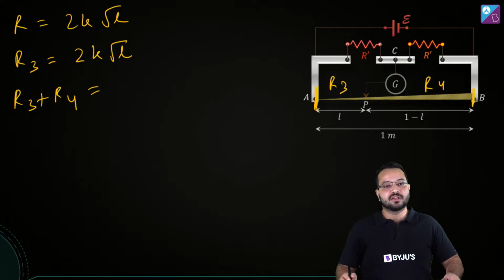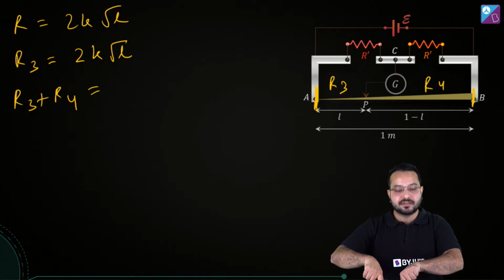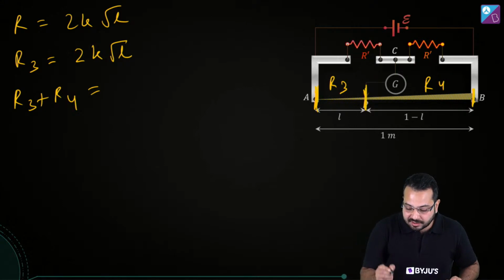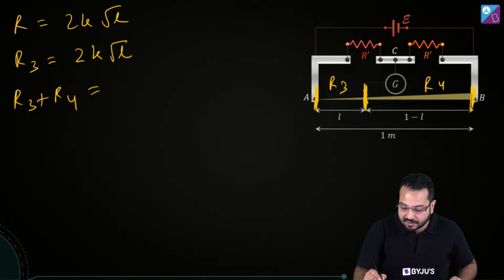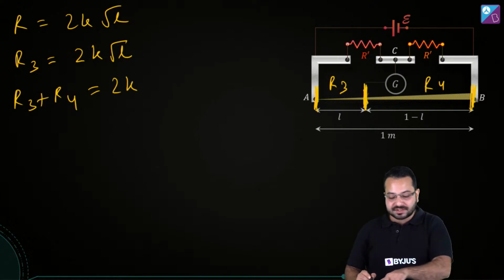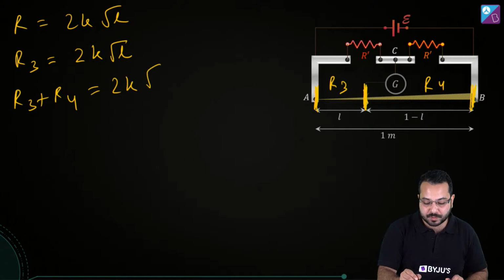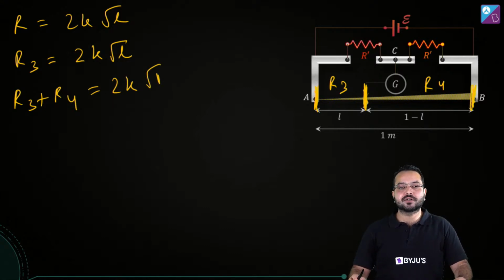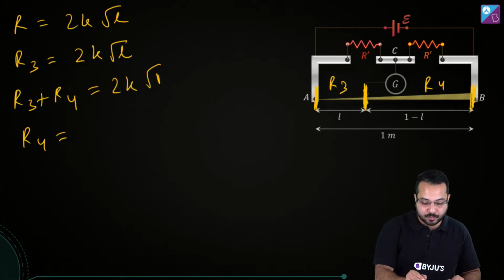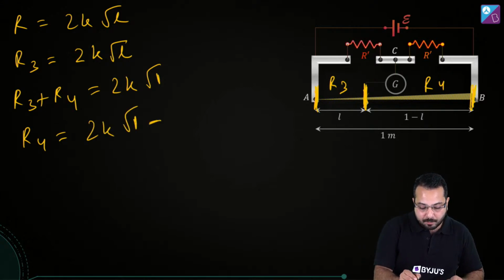Do you agree? So R3 plus R4 is going to be 2K, and the length is 1 meter, so this is going to be root 1. Is that clear? So from here, can we find out R4? R4 is going to be 2K root 1 minus R3.